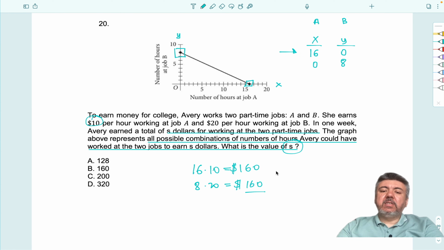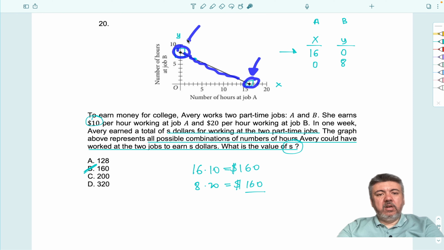That is, my friends, the one that we want to find. The total amount she earns is $160. Whatever she chooses, if she works some hours for job A and some hours for job B, she still earns the same amount, $160. But why bother with these points when we have the edges, where y is 0, x is 16, and here x is 0, y is 8.